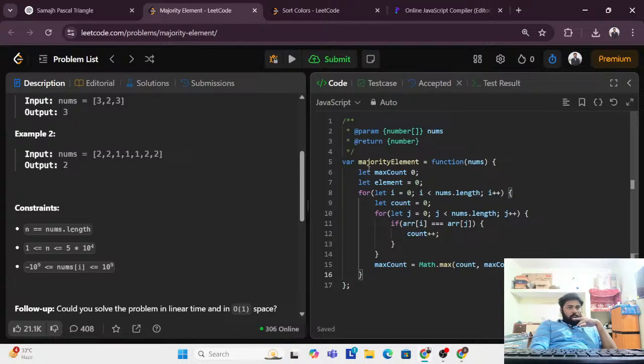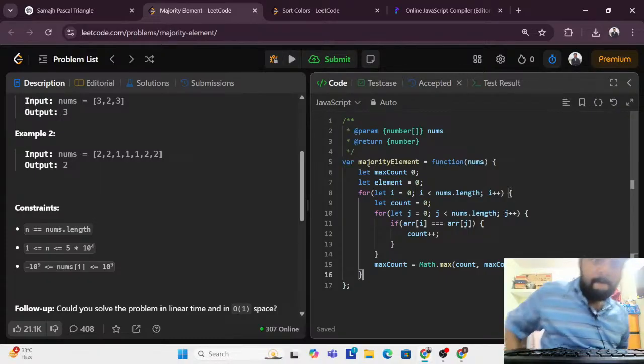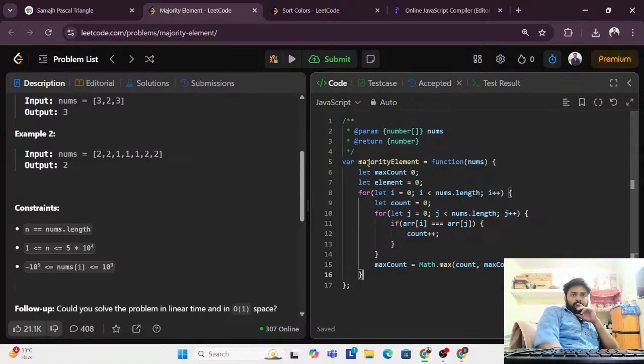How do I do this then? How do I store the element?